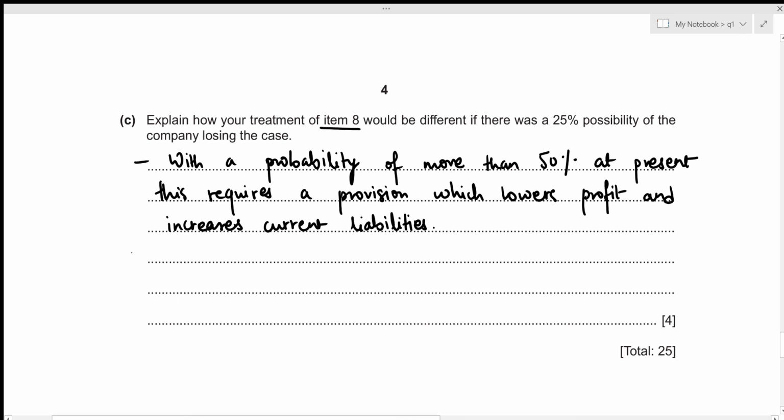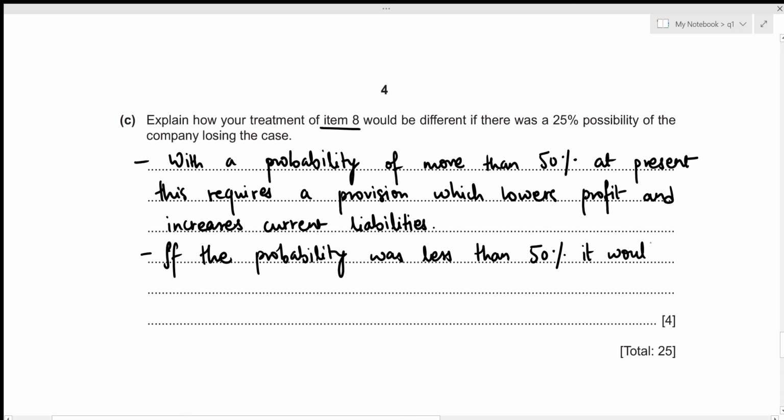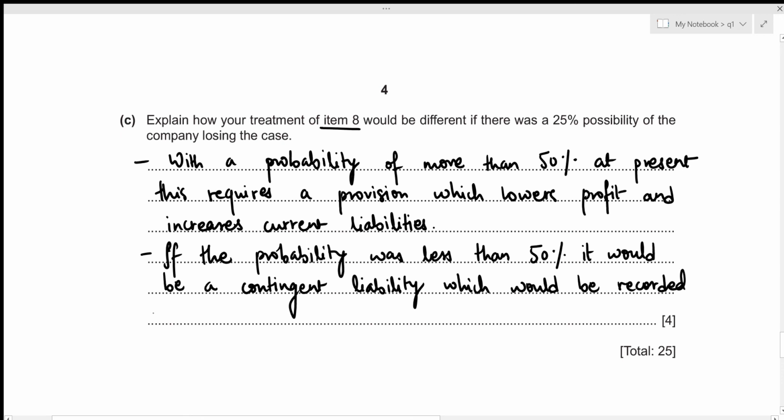But now we are asked for the treatment if there was a 25% possibility. So if the probability was less than 50%, it would be a contingent liability which would be recorded by a note to the accounts.